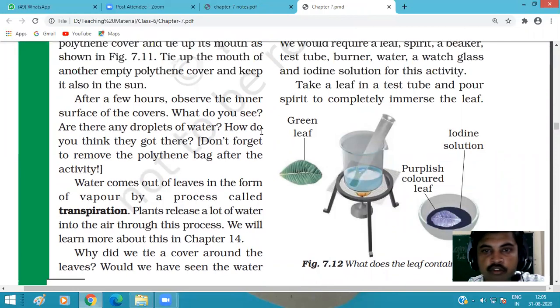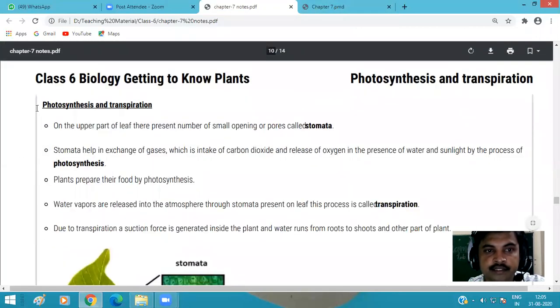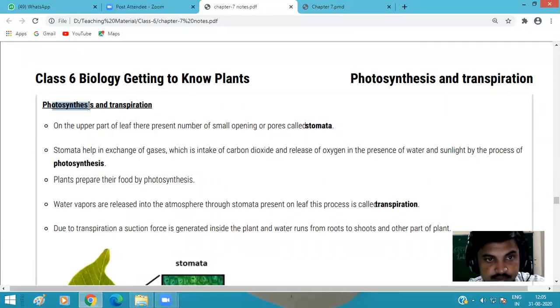Then we discussed some important functions of the leaf. The very most important functions of the leaves are photosynthesis and transpiration.